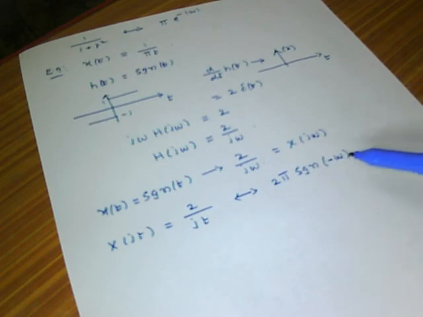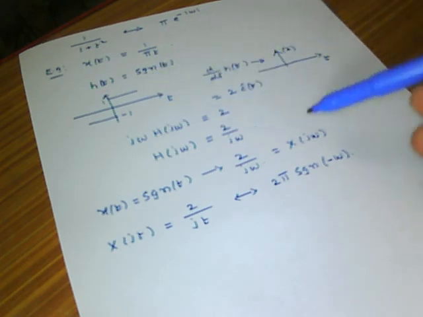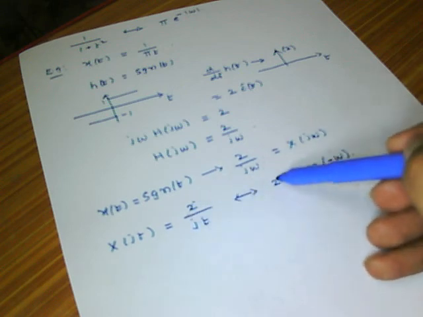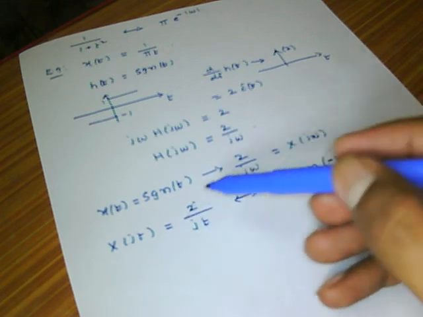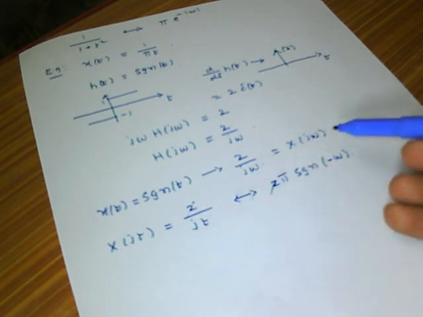Clearly the signum function is an odd function, so I can replace signum of minus omega with minus signum of omega. So if we cancel out 2 and multiply with j by pi, what will I get?